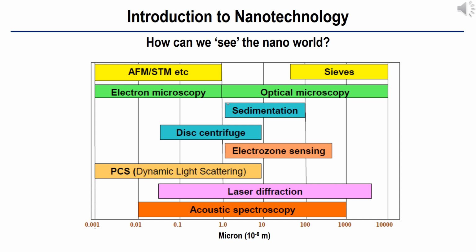Although not shown in this diagram, I would like to mention the scattering method to quantitatively measure the feature size and structural properties of nanomaterials. For example, you can apply small-angle X-ray scattering or neutron scattering to analyze the nanoscale structural properties and feature size of block copolymer thin film and its self-assembled structures.